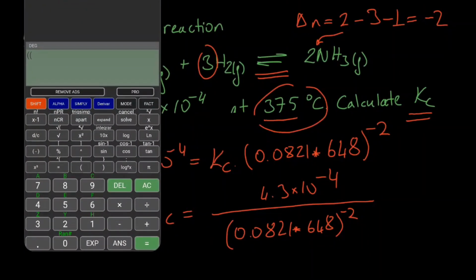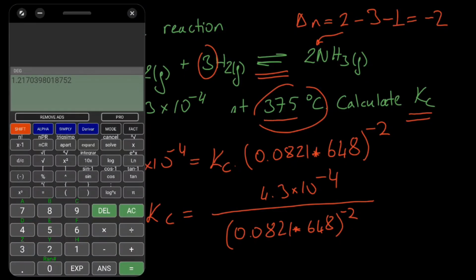And now I can calculate it. 4.3 times 10 to the minus 4 divided by 0.0821 times 648 to the power minus 2, and it becomes 1.217.